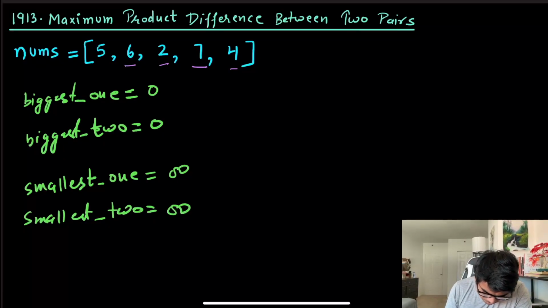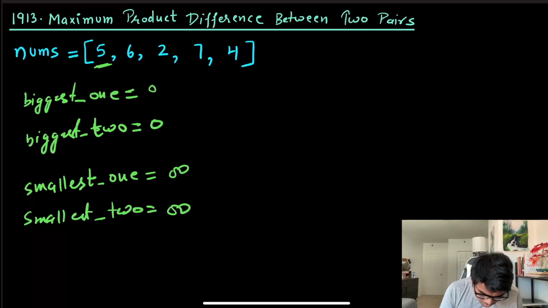So I come across 5. I'm going to check inside the if else statements that I'll have inside my for loop. Is 5 greater than my biggest 1? Yes, it is.